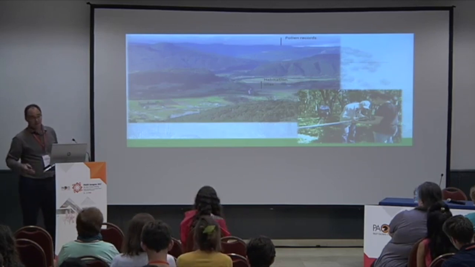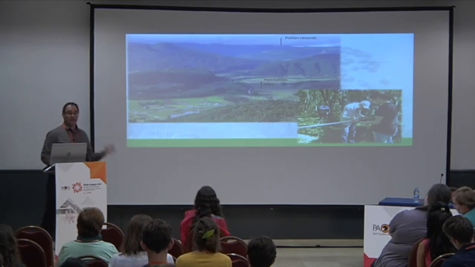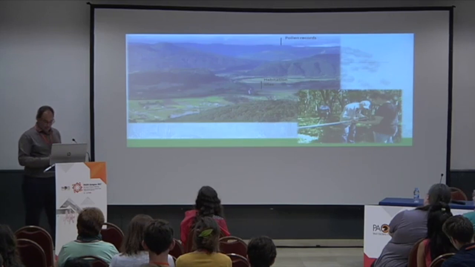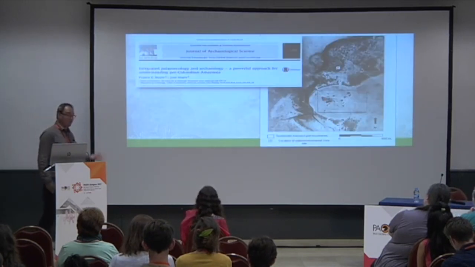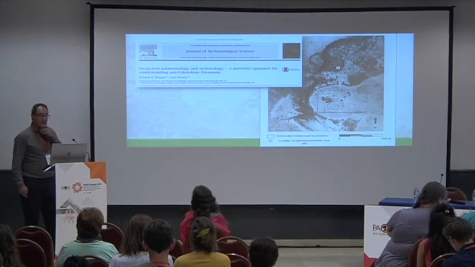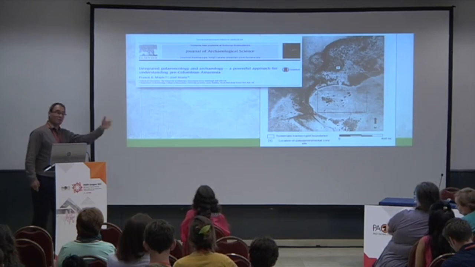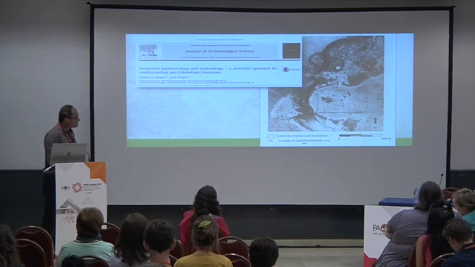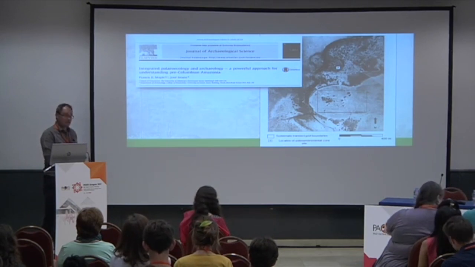So one way that we are mitigating this problem is by taking cores very close to archaeological sites, and this is something that archaeologists interested in the role of climates, but also humans, have been doing for a while, trying to integrate what we call on-site, the archaeological site, with off-site paleoecological records, something that I have been doing from the early days of my dissertation in southeastern Uruguay.